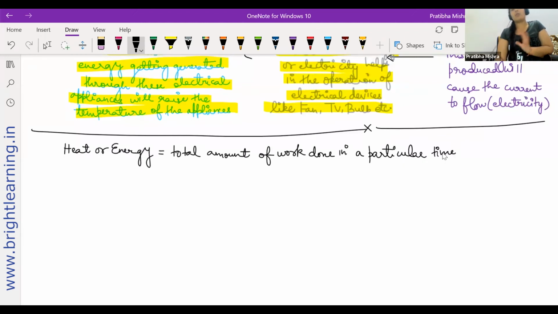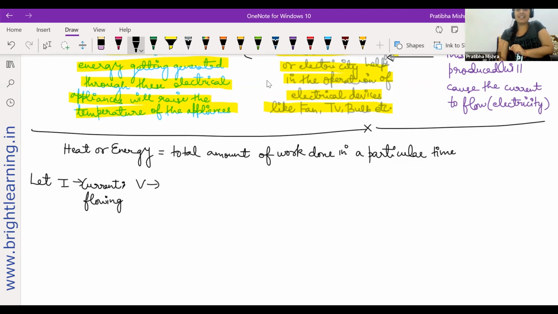Now how to derive it? Let's understand one thing. Let I be the current. I stands for current. So let I be the current flowing. We should always write like that. V can be what?